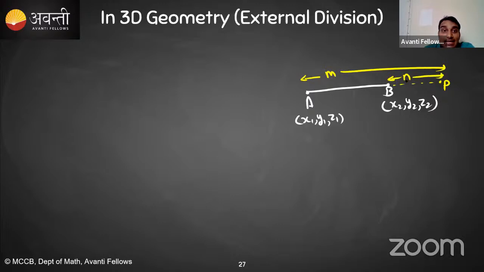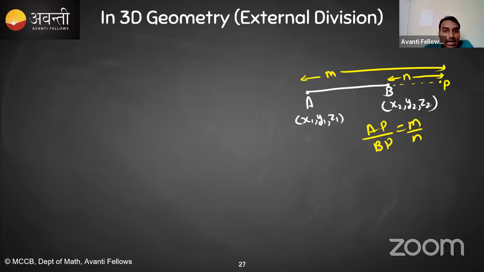Again, these m and n are not distances, they are ratios, which means AP divided by BP is nothing but m by n.